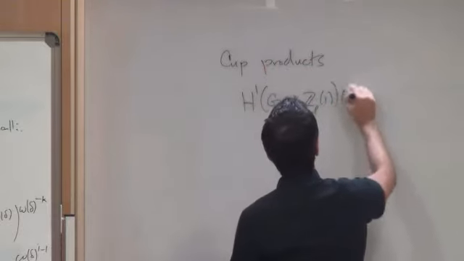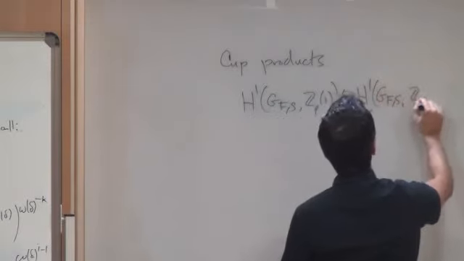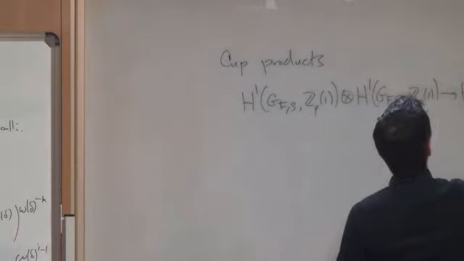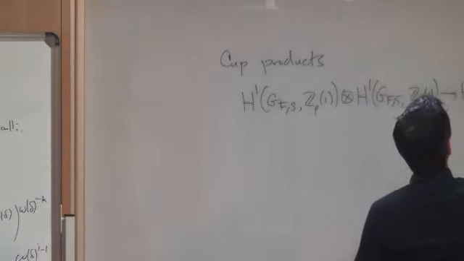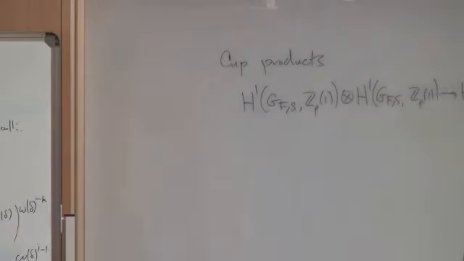So ZP1, and then I want to take the same group, ZP1, and take this to ZP2. Last time, in constructing the reciprocity map, we considered where this group was ZP1 and these coefficients here were ZP. But now I'll take them both to be ZP1.